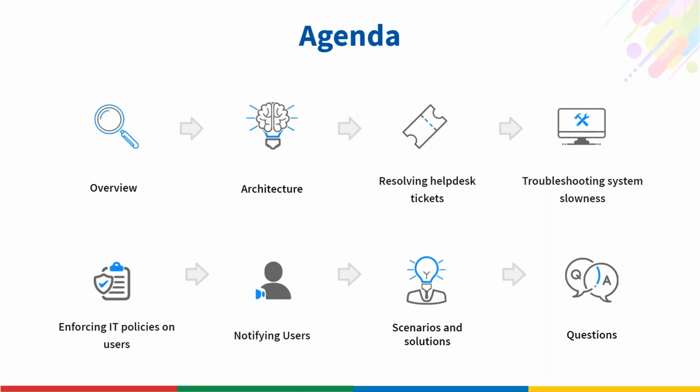And third, in an organization, enforcing IT policies is very important. So we'll see the options available in Desktop Central to enforce them. Finally, we'll also see how Desktop Central can be used to alert users in emergency situations like when your Microsoft Exchange server is down.